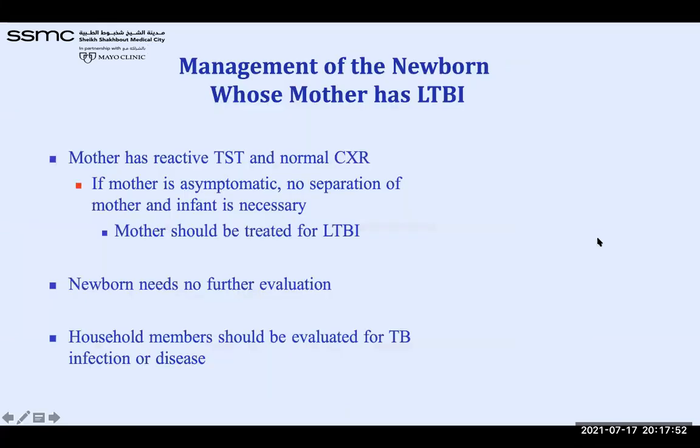So how do you manage a newborn whose mother has latent tuberculosis infection? The mother has a reactive TST and a normal chest X-ray. If the mother is asymptomatic, no separation of the mother and infant is necessary. So there is no need to separate the mother and the infant. The mother should be treated for LTBI, latent tuberculosis infection.